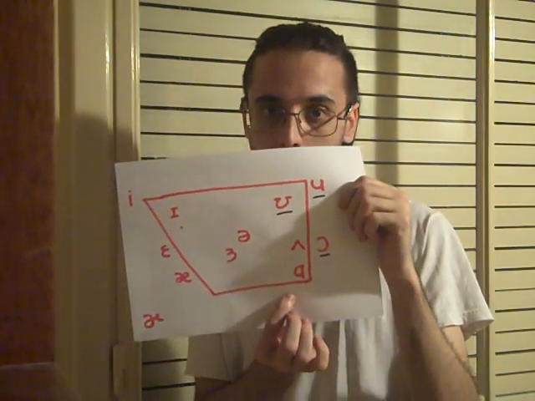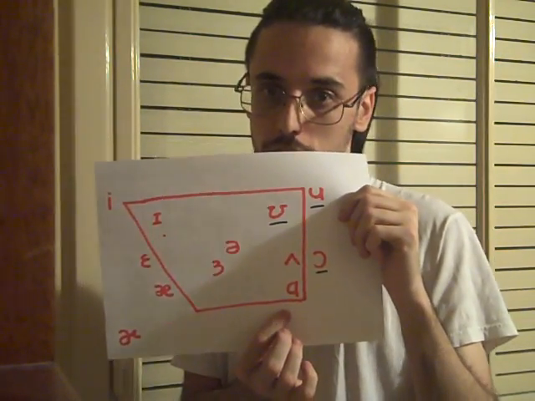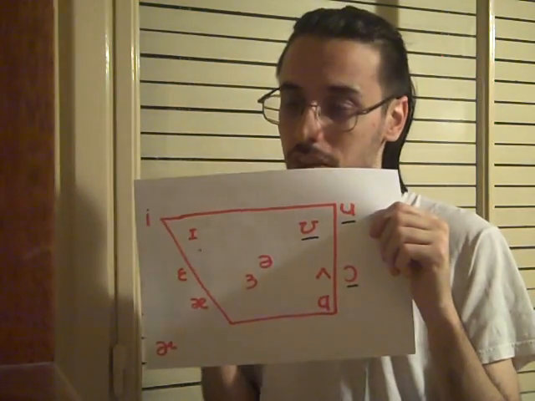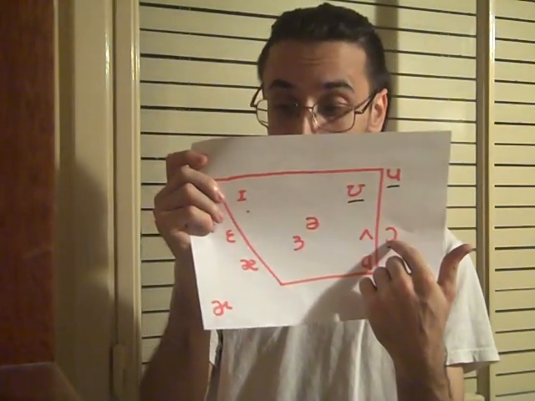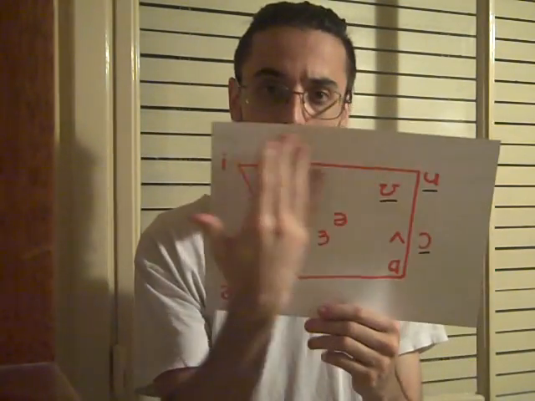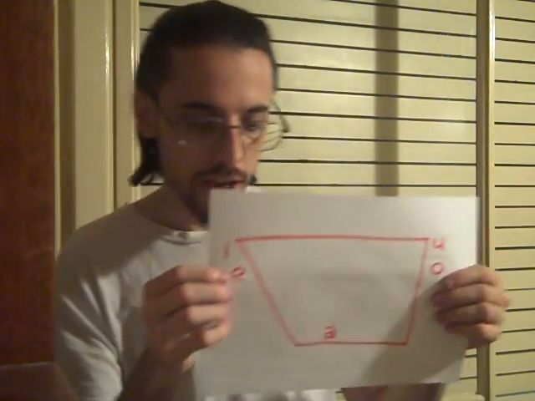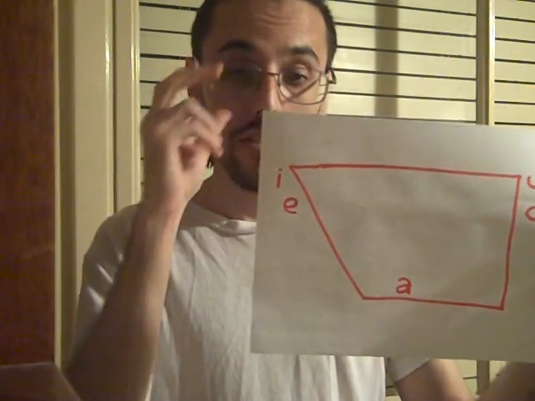And I'm sure that if you ever heard this, you have an idea of how it works. So basically we have 3 rounded vowels, all backed, right? No front rounded vowels. Now in Spanish we have these 5 sounds.